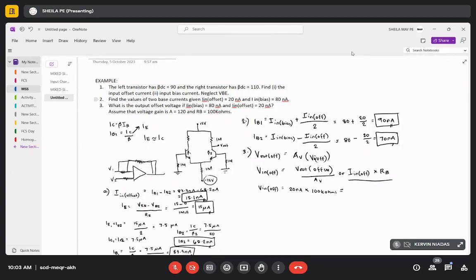Unsay kuan sa 15, miss? 15? Oh, ano siya 15? 2 times 10 raised to the power of 15, miss. Femto. Negative 15? 20 times 10 to the negative 9 times 100 times 10 to the 3.